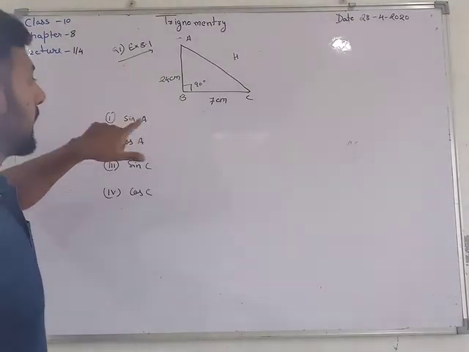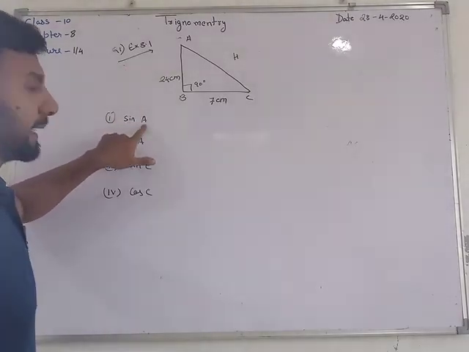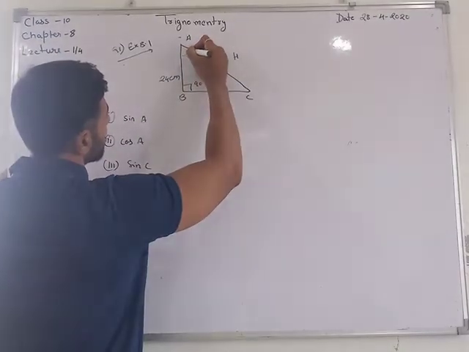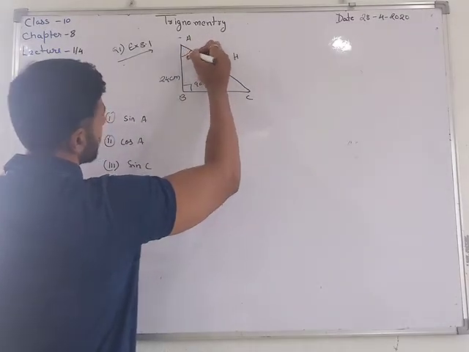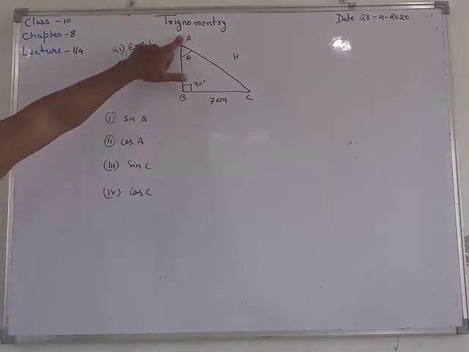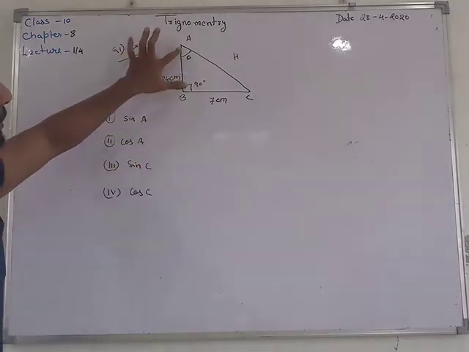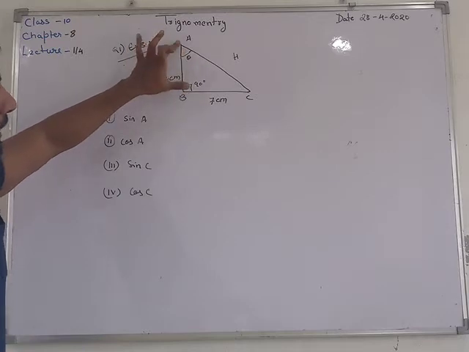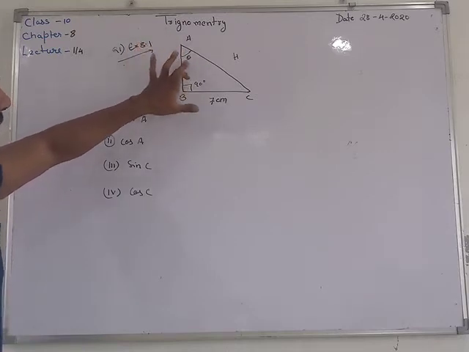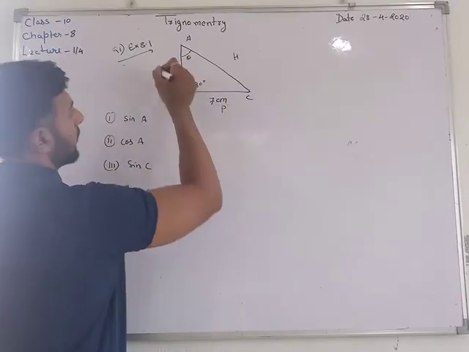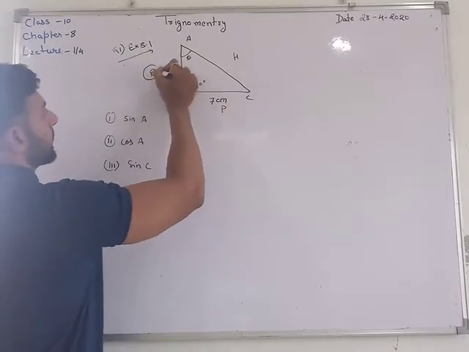Now, if we are considering sine A, A is theta. So if we are considering theta at point A, the perpendicular will be opposite to this theta, and this will be the base.